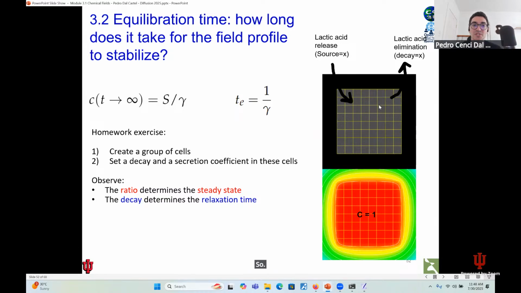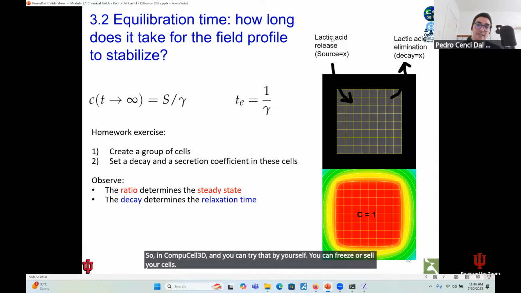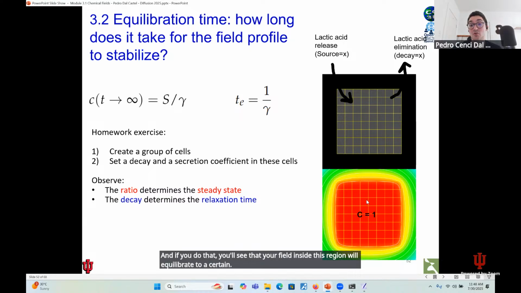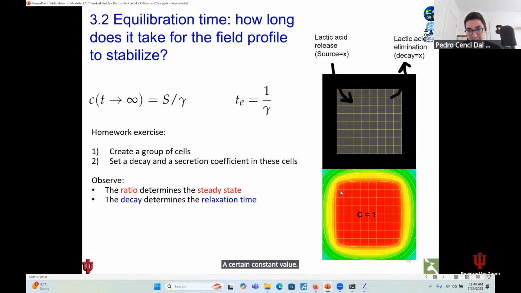So in CompuCell3D, you can try that by yourself. You can freeze your cells, and then set a secretion rate for your cells and a decay. And if you do that, you see that your field inside this region will equilibrate to a certain constant value, while we can still diffuse to other regions.